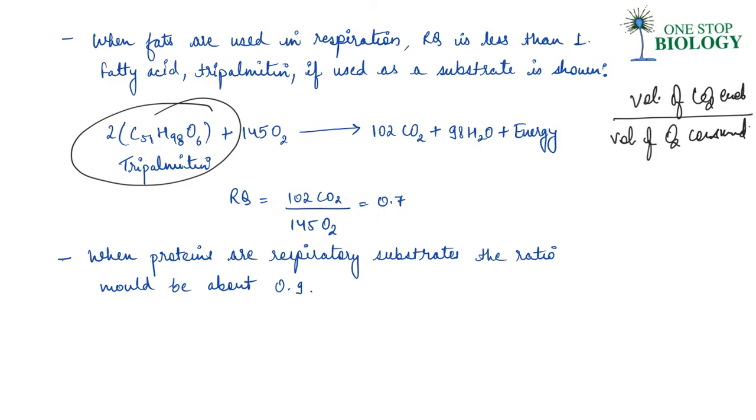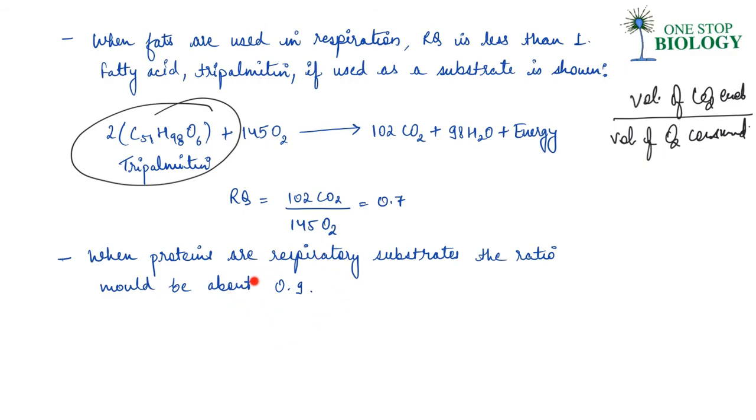So in the similar manner, basically if you use other fats as well, you'll see that this will always be less than 1. So we'll have to remember, for carbohydrates it is equal to 1, for fats it is less than 1. Now if we talk about protein as well, when we calculate for proteins, the ratio is again less than 1, but is somewhat greater than what it is for fats.